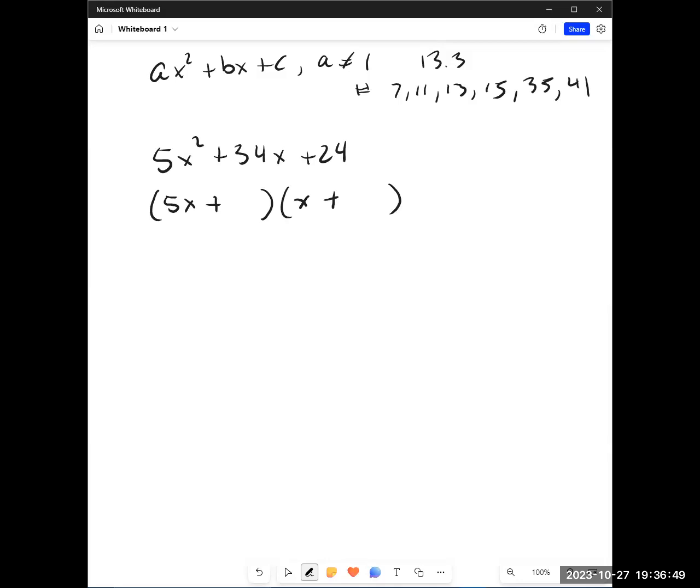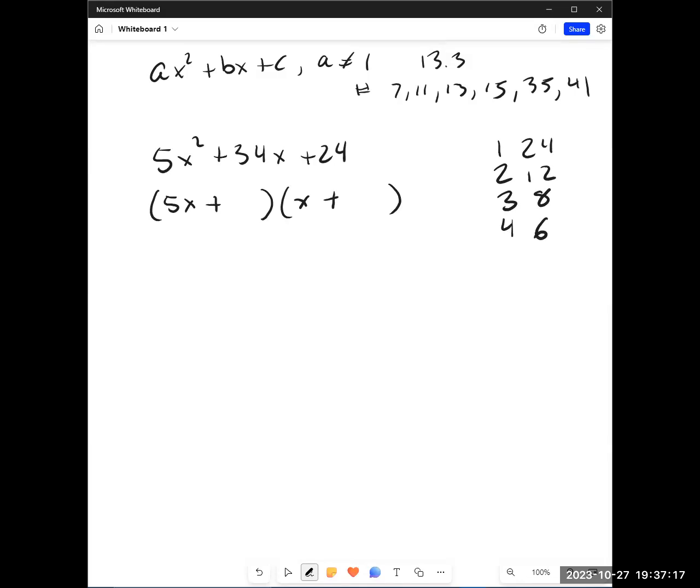Factors of 24, they're going to help me get to 34. So let's list the factors of 24 over here. 2 and 12, 3 and 8, 4 and 6. So which of those goes where to give me 34?